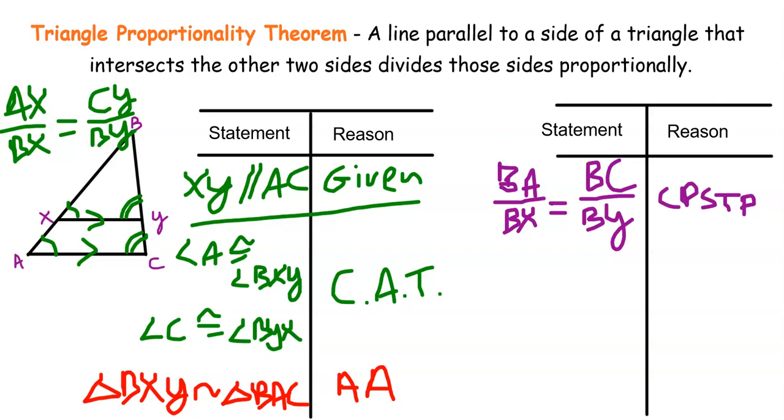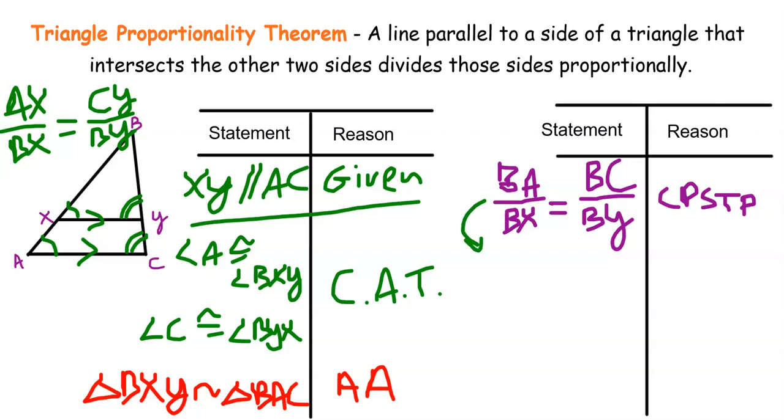So we are partway there now. We've got our similar triangles, we've got BX and BY, and now we're going to do a little substitution using things that we've known before. BA as a segment is made up of AX and BX.